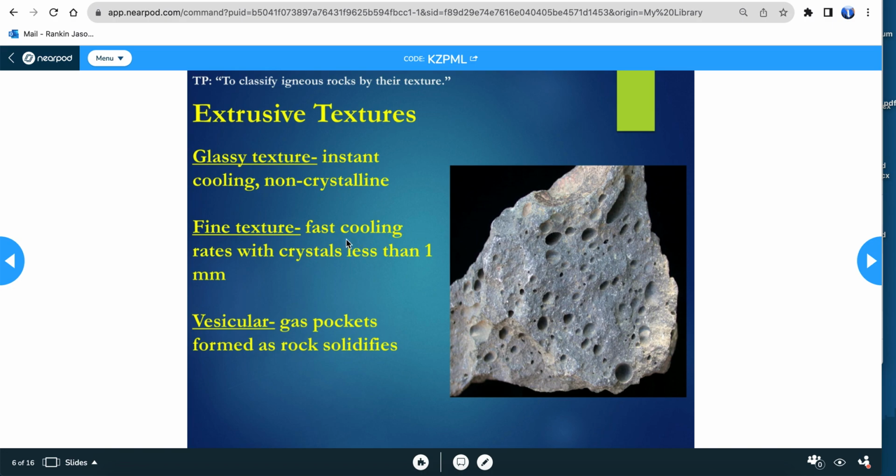All right, extrusive textures. We have glassy textures. Instant cooling. Because they're so fast, instant, they have a tough time of crystallizing. So we call these textures non-crystalline textures.